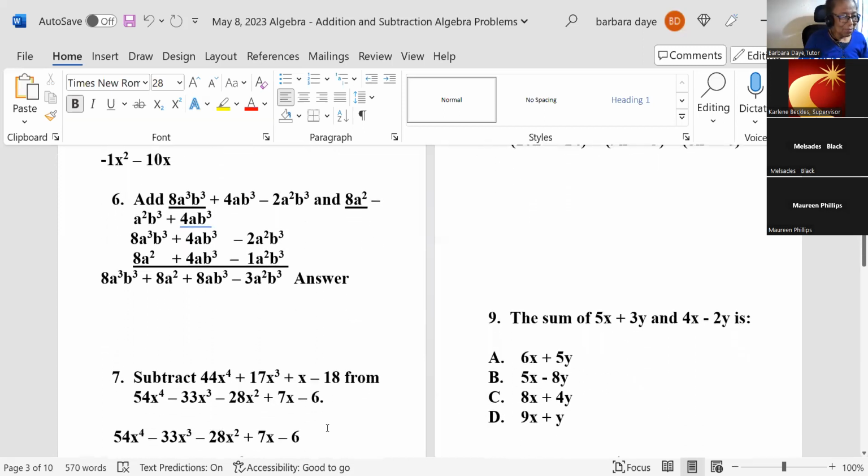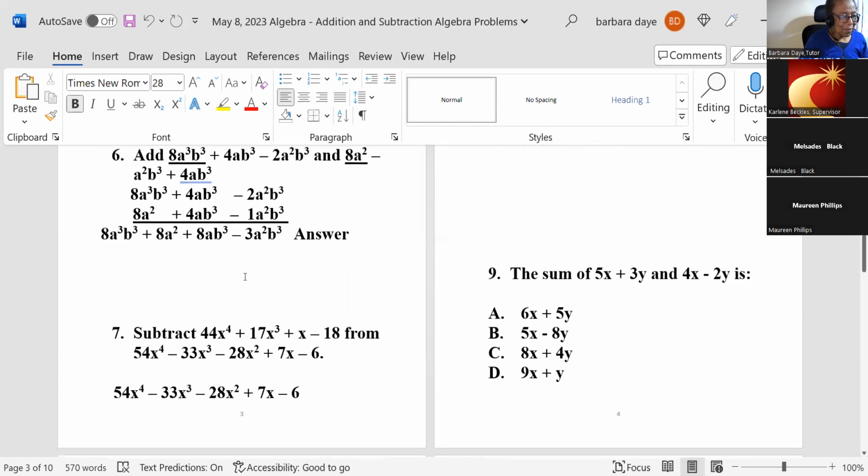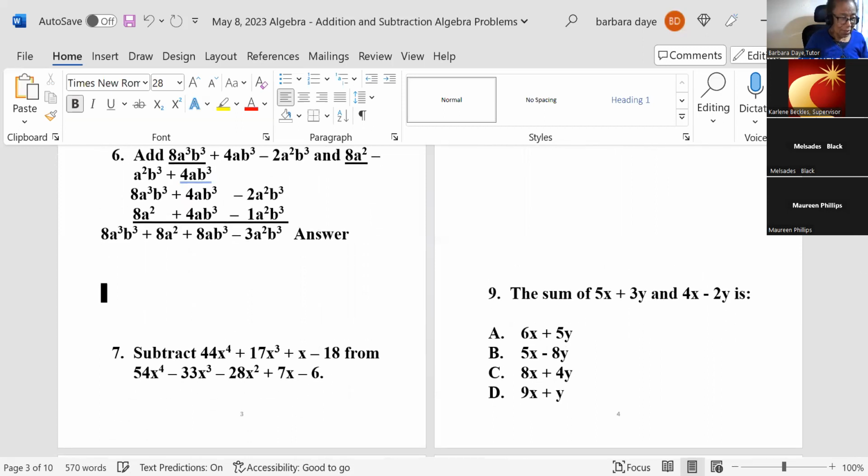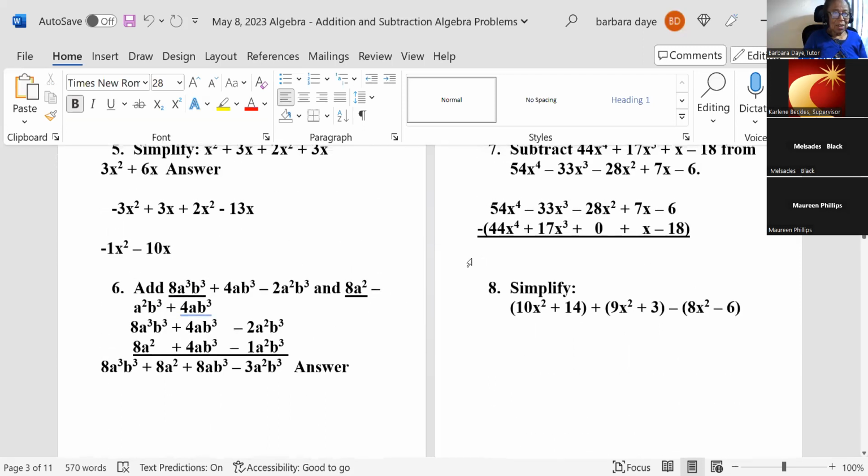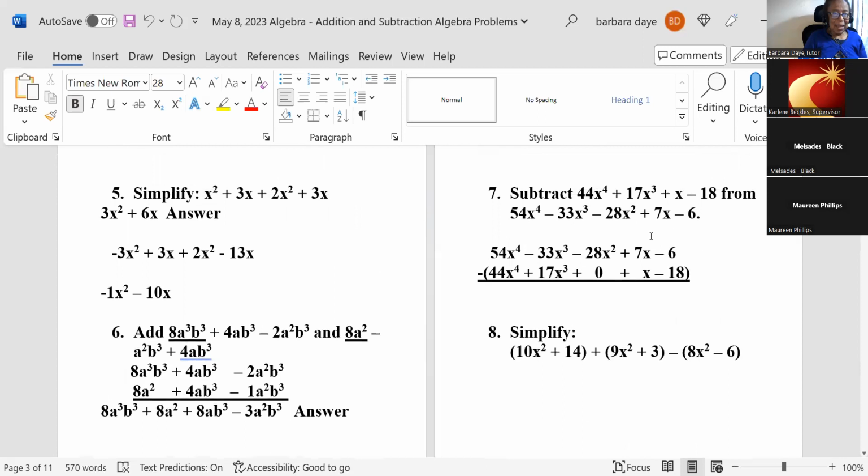Okay, now here's a subtraction. And let me put all this on the next screen, because actually I lined it up for you.